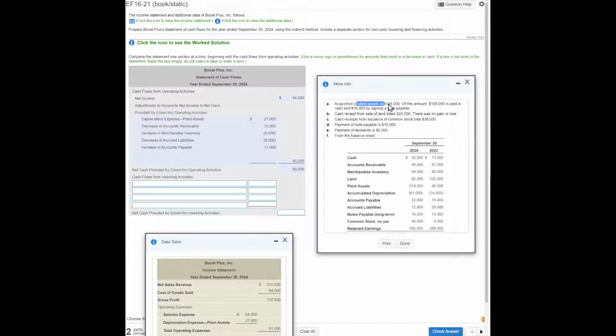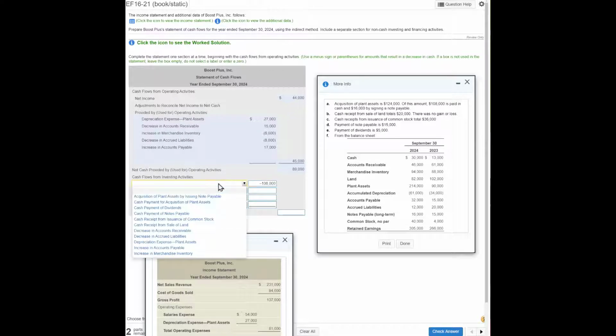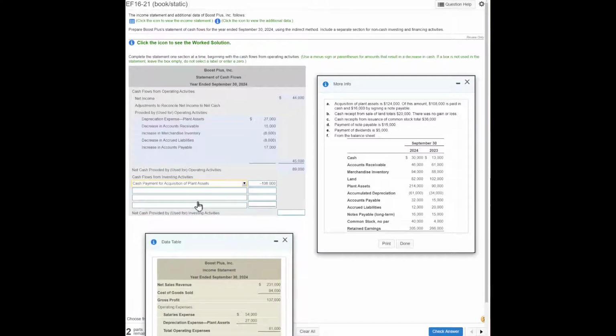So we acquired some plant assets of $124,000. Of that amount, $108,000 is paid in cash, and the rest was obtained by signing a note payable. So we do have cash going down, so we're going to put a minus 108,000 for cash payment for acquisition of plant assets.